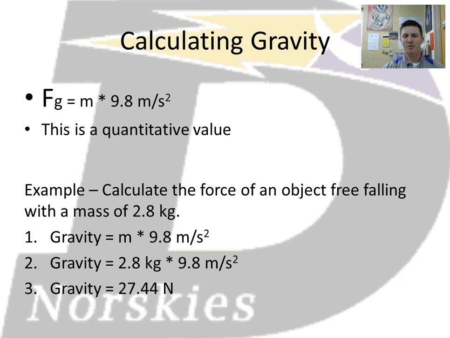We'll talk more about that later on. As you can see, here's an example calculation. If you have an object with a mass of 2.8 kilograms, to calculate gravity you substitute 2.8 kilograms for the mass, multiply that together, and you get an answer of 27.44 newtons. You'll eventually have to do calculations like these in class.